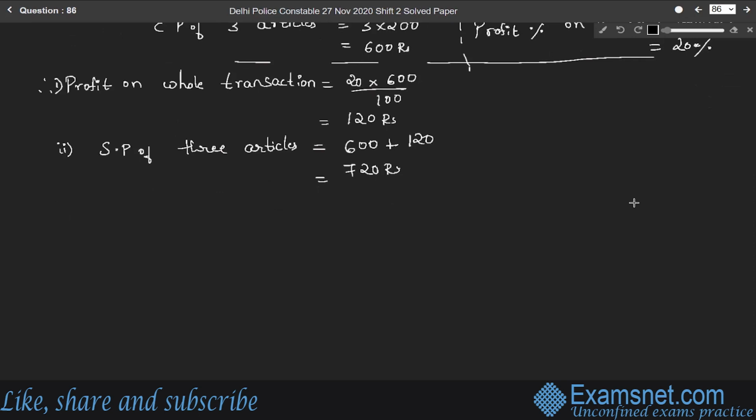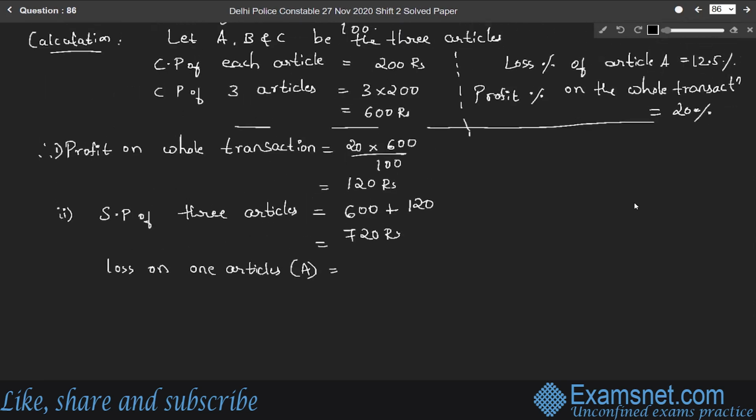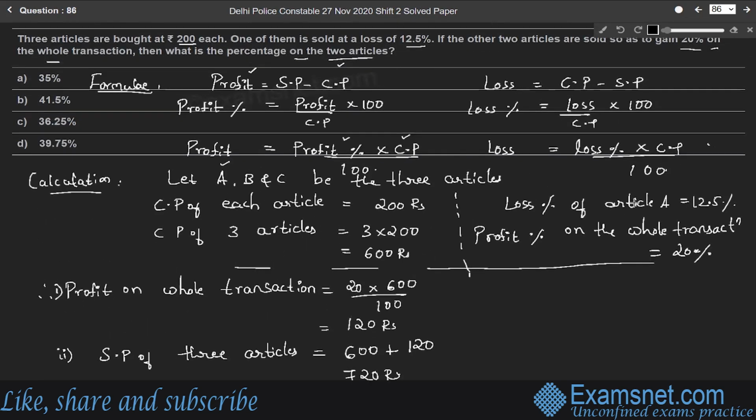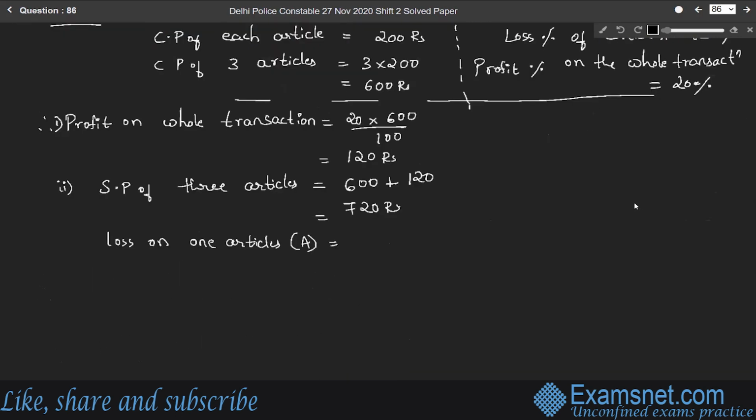Now, the next part is, loss on one of the articles. What is the article which is sold at loss? The article is A. So here, loss on one article is, from the formula, loss percentage into cost price divided by 100.